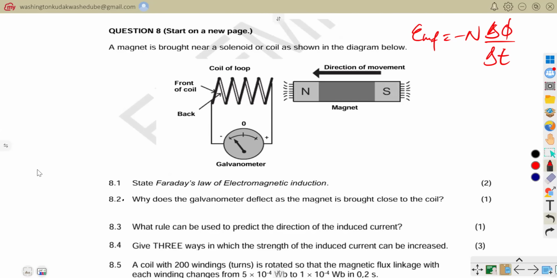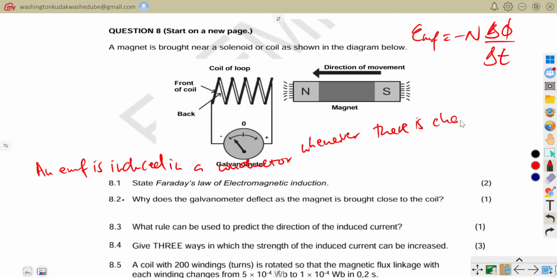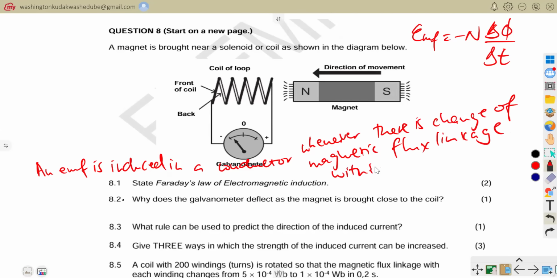So you would come and say that an EMF is induced in a conductor whenever there is change of magnetic flux linkage within that same conductor.